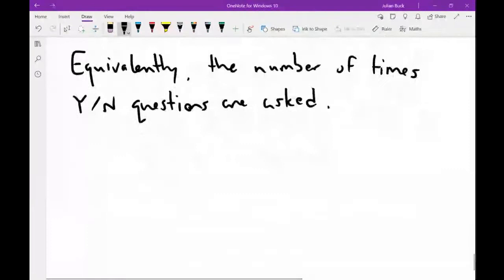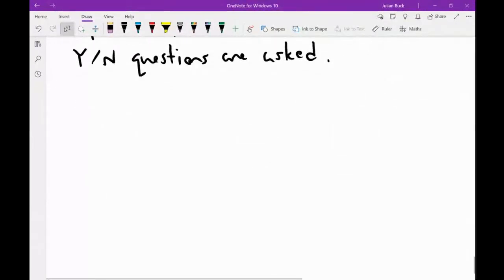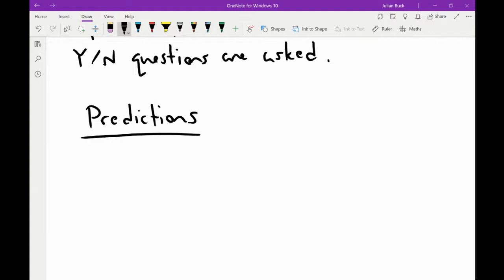So when we get to the bottom of the tree, how are we making the predictions? This is a predictive model. We're trying to get target predictions.